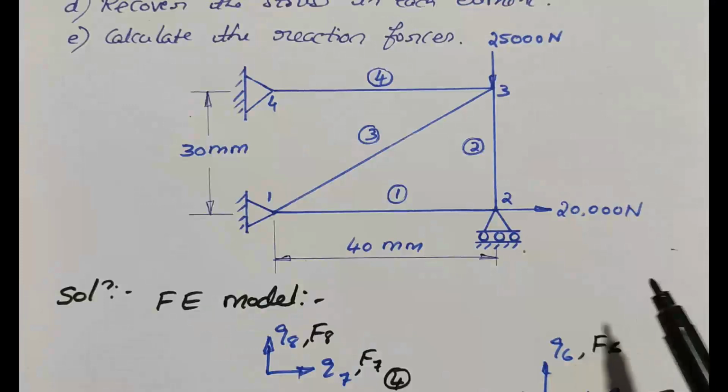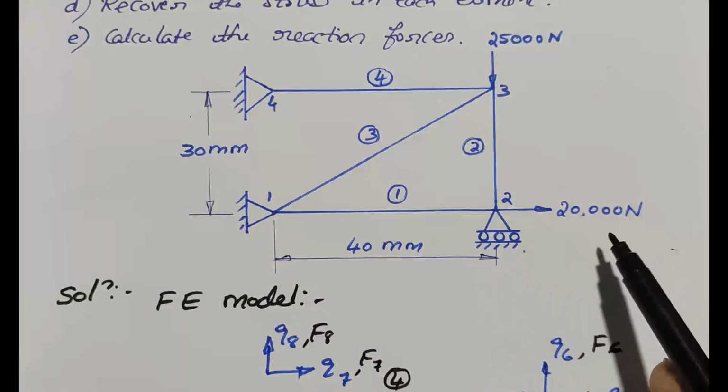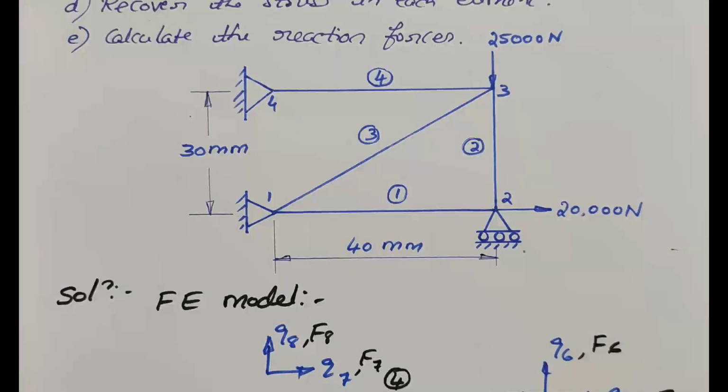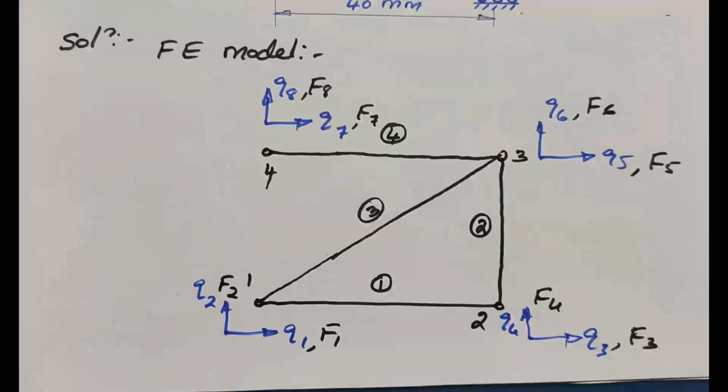See the figure. At node number 2, there is a load of 20,000 Newton in positive x direction. Means F3 will be equal to 20,000 Newton. So I will take F3 is equal to 20 kilonewton.